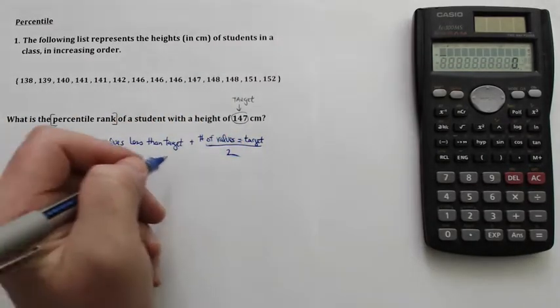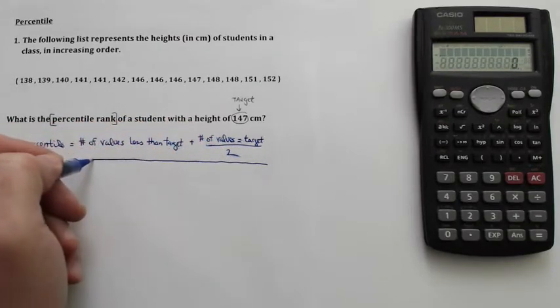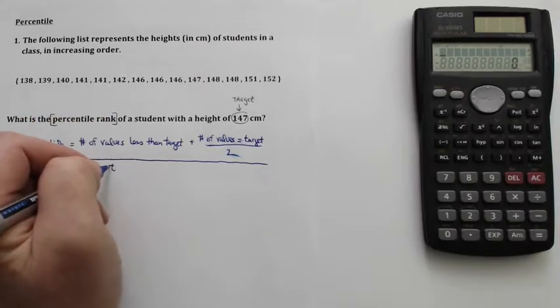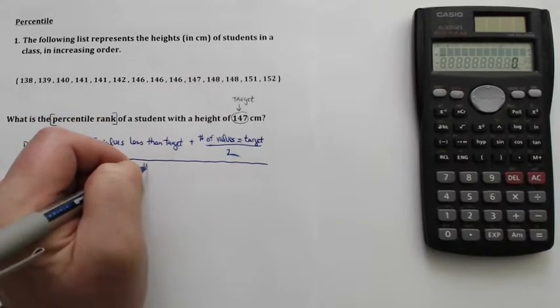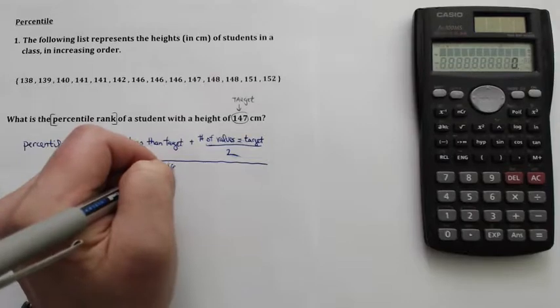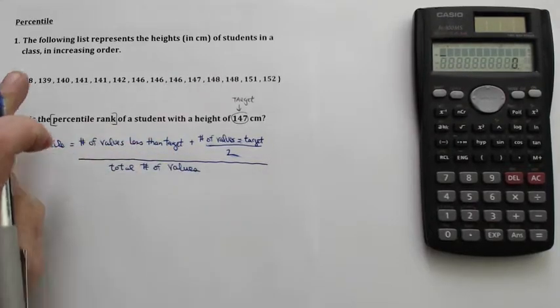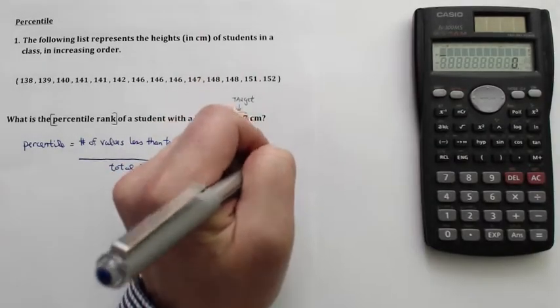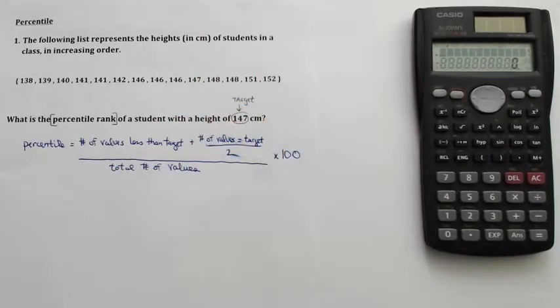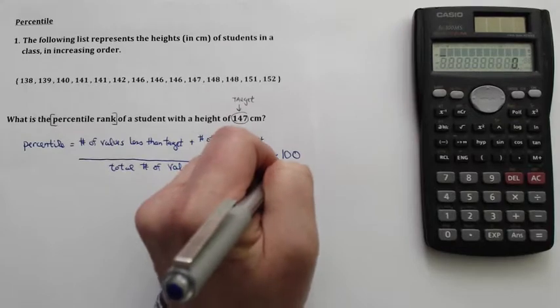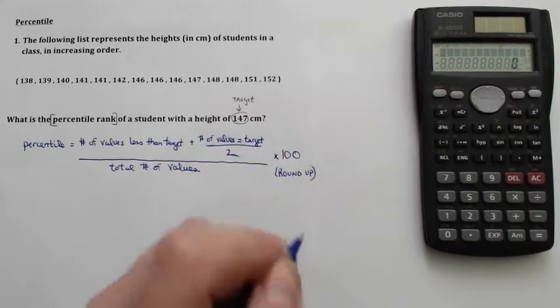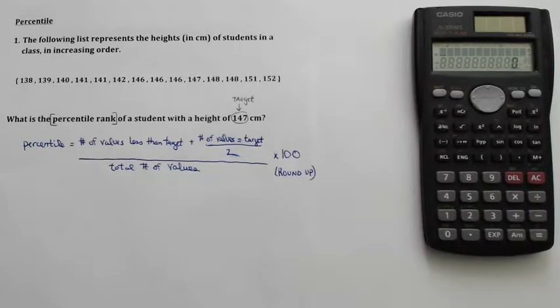And then we're going to take the whole thing and divide that by the total number of values in the data distribution, and at the end we will times it by 100, and this is key. We will always round up, regardless of how small the decimal is, and we'll see that in some other examples.